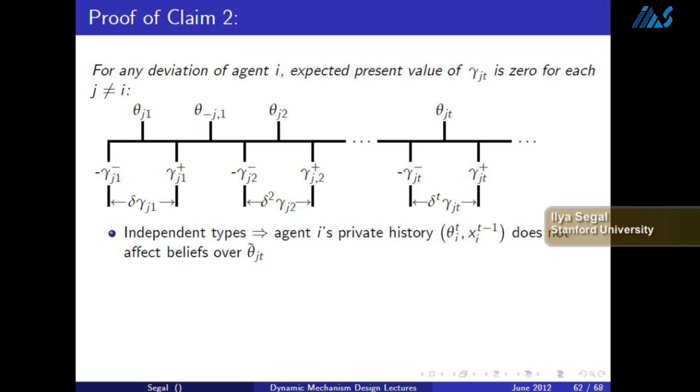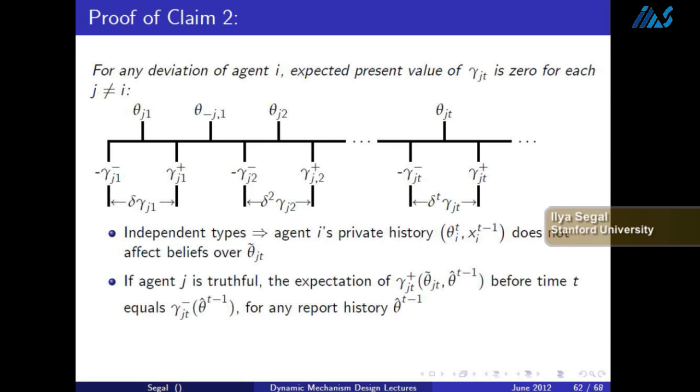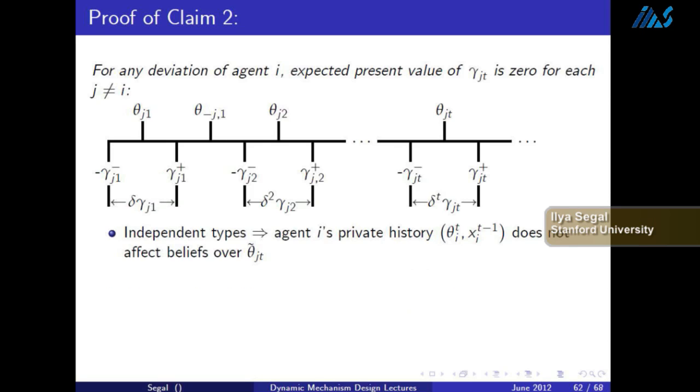Now, the independent type assumption tells us that even if agent I deviates, but he knows that agent j is being truthful and obedient, then his deviation will affect his private history, but it's not going to affect his beliefs about agent J's type. In other words, his beliefs about agent J's type will be exactly the same as what the designer has.